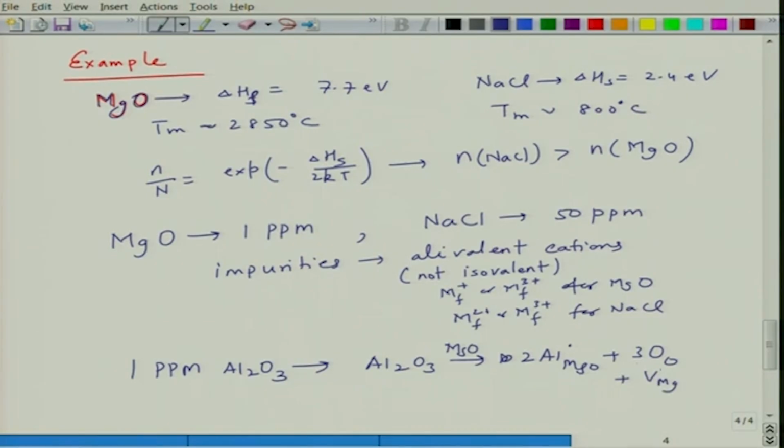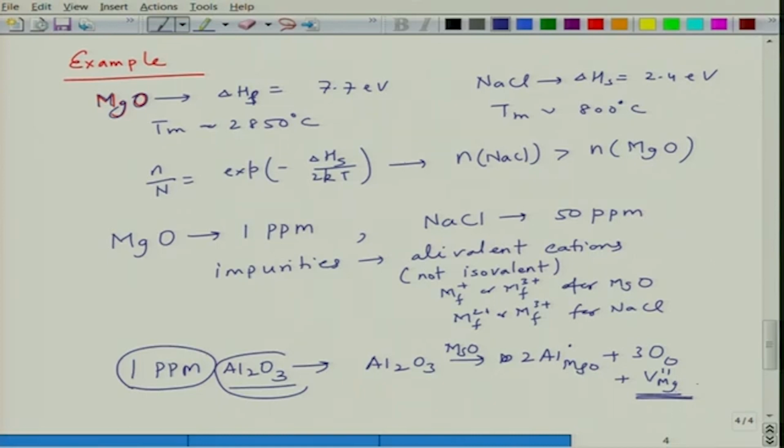One will be positively charged, the other negatively charged. So, 1 mole of Al2O3 creates 1 mole of vacancies. If you have 1 ppm of Al2O3 present, you will have 1 ppm of vacancies.